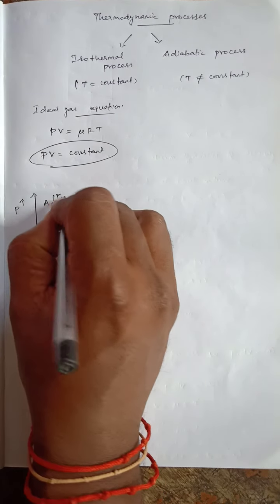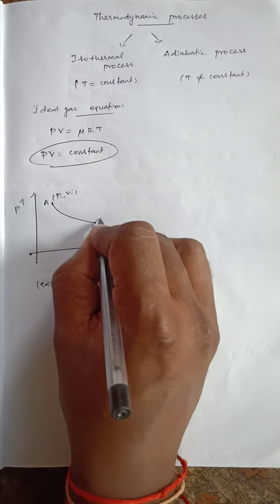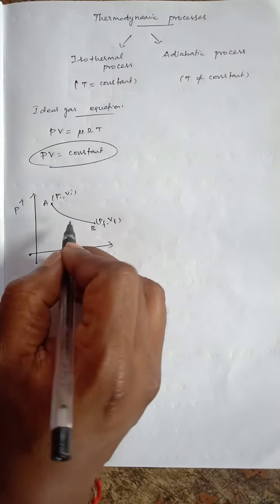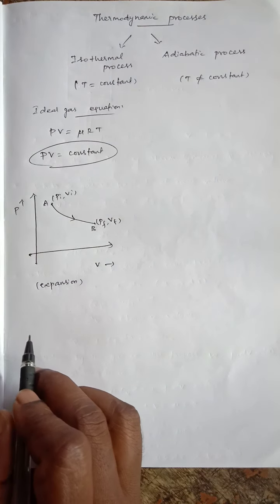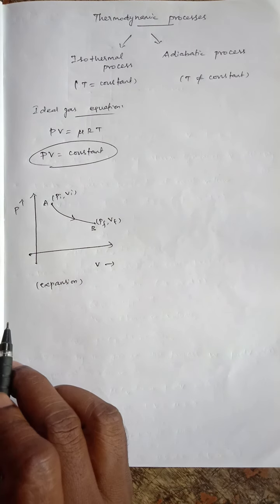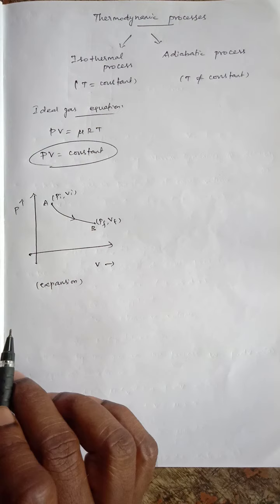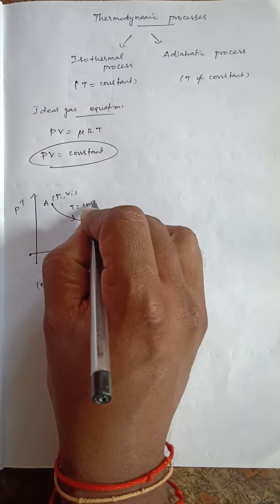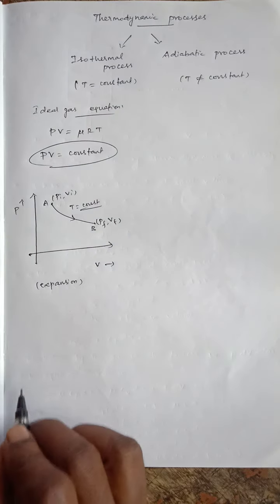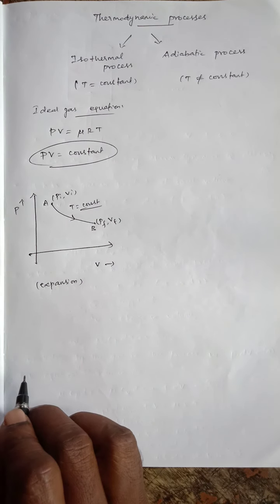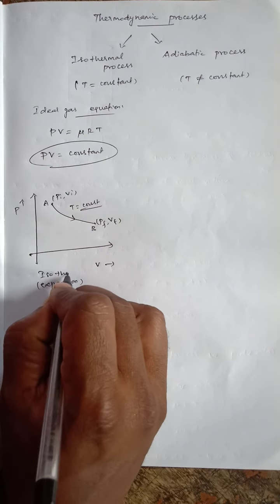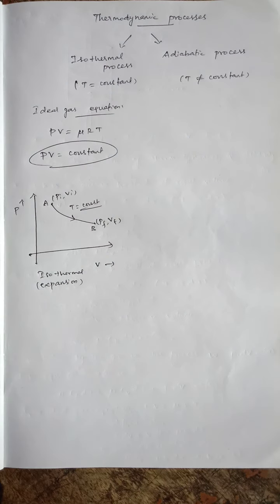Here we have Pi and Vi, and here the final pressure and final volume. The arrow mark indicates expansion. If T is constant, this is the meaning of an isothermal process. Clear? So you can say this is isothermal expansion, if T is constant.